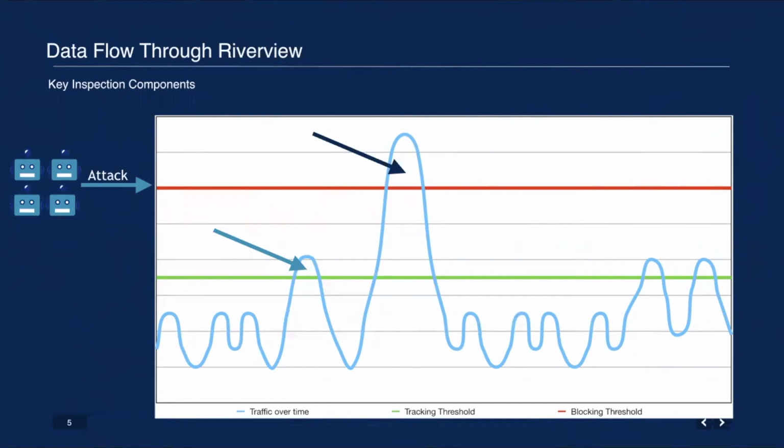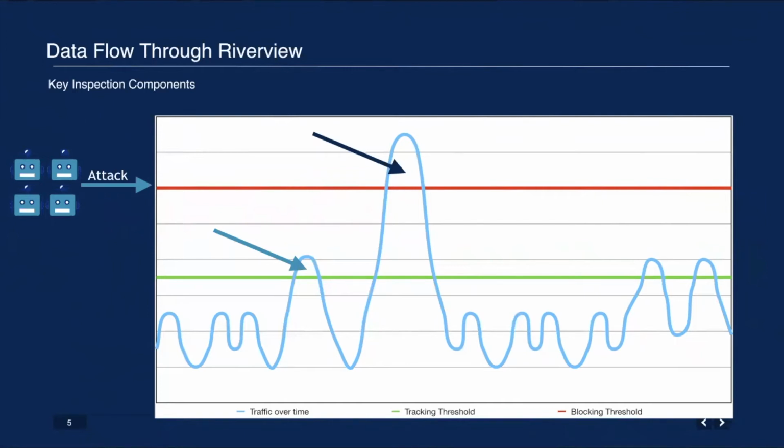Now, what I will say is when you're dealing with statistical analysis, it's possible to have false positives. What we've seen so far is that no customers have had any issues with the blocking threshold being put in and having false positives. So that's a really good sign.